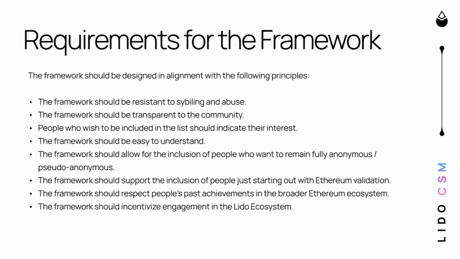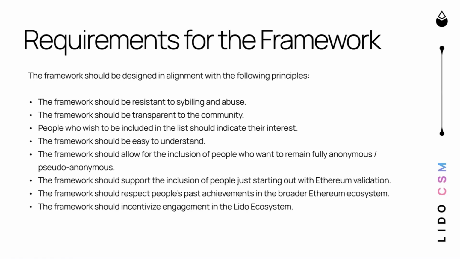And here, if we compare this approach with the early adoption mechanics that we had in CSM version 1, when we just assigned this early adoption role to all the addresses that we've identified as belonging to independent stakers, for ICS, identified community stakers, it will not be the case. So people will need to express their desire to be included in this list by applying to this system. Then the framework should be easy to understand, that's pretty obvious.